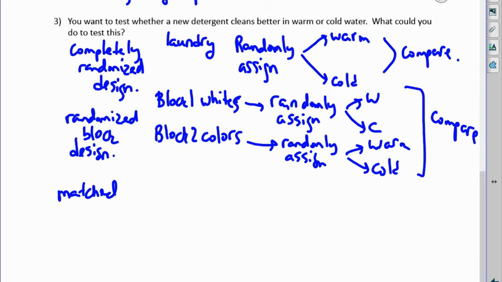which would be your highest level of control. So you might get a dirty item where you've controlled the dirt. Or let's see how this will say that we're going to add dirt to an item.